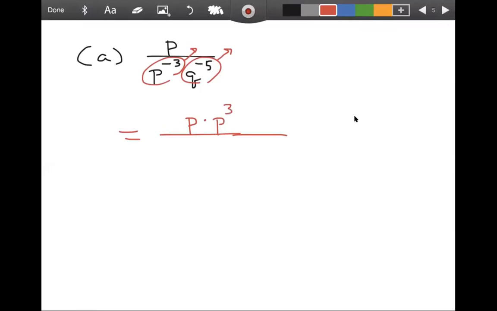And nothing will be left downstairs, which means a 1. Put a 1 down there. All right, and then by the product rule for exponents, rule number 1, p times p to the third is p to the fourth. So I'm just going to write this answer as p to the fourth times q to the fifth. And that's it. So that's a pretty easy one.